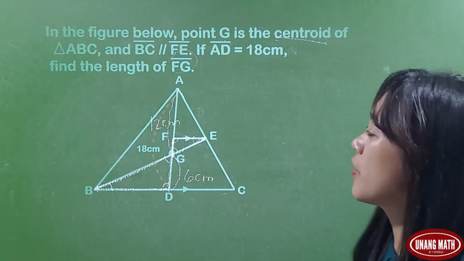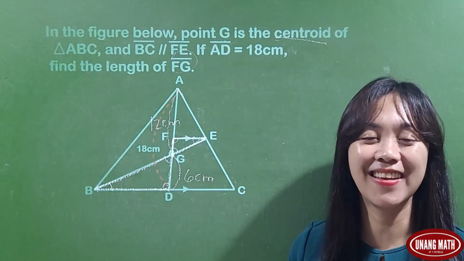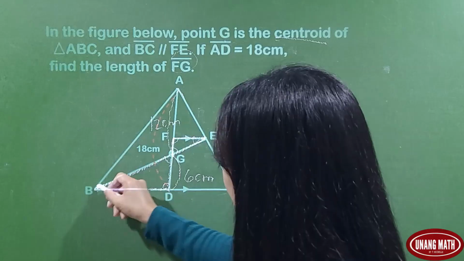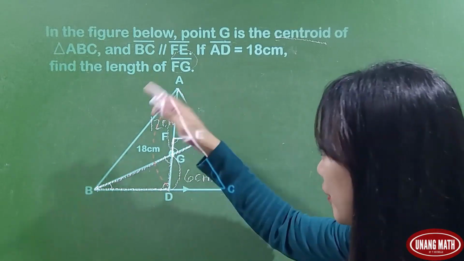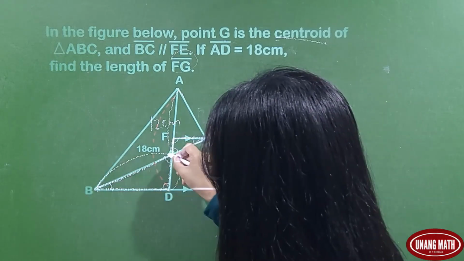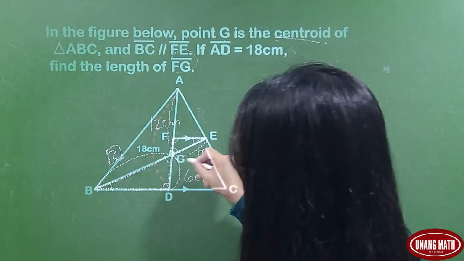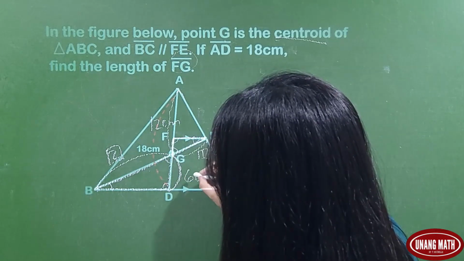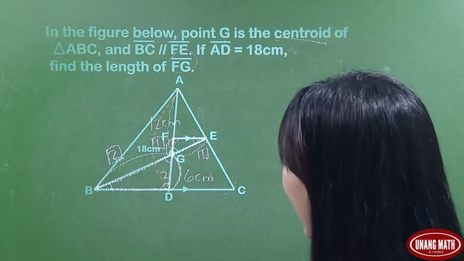If similar figures, then the ratio of the length of the corresponding sides are equal or constant. Since we said that segment BE is a median for this triangle, and again, this is in the ratio 2:1, so this is also in the ratio 2:1.